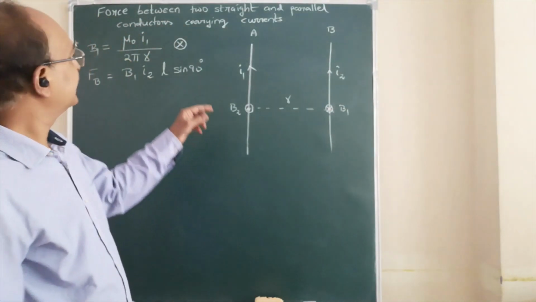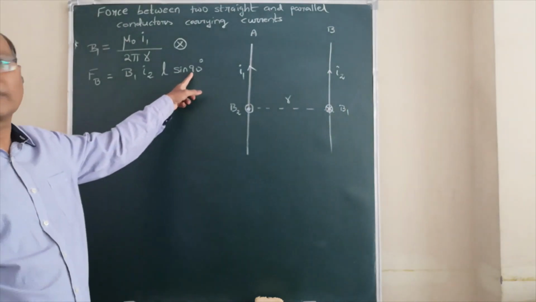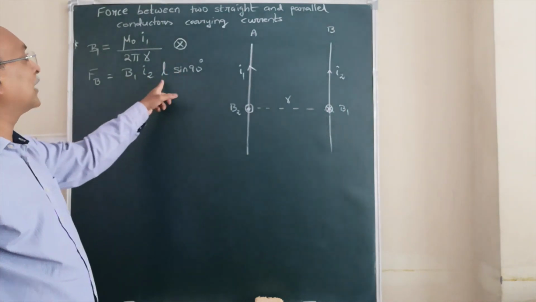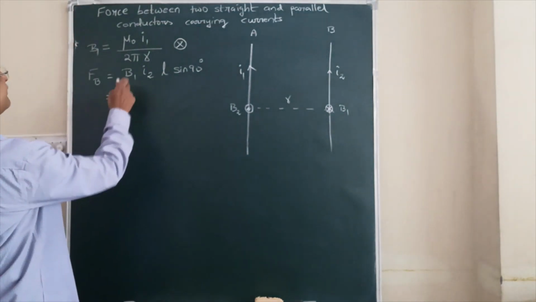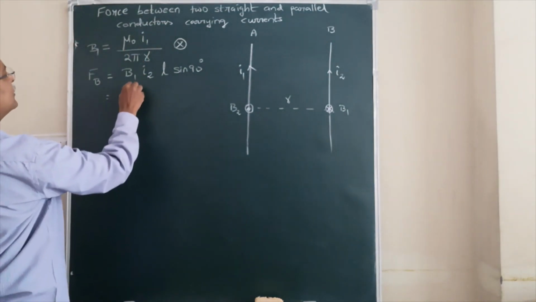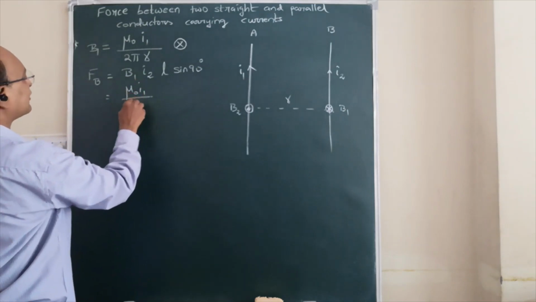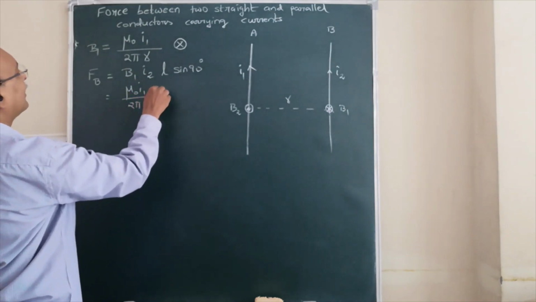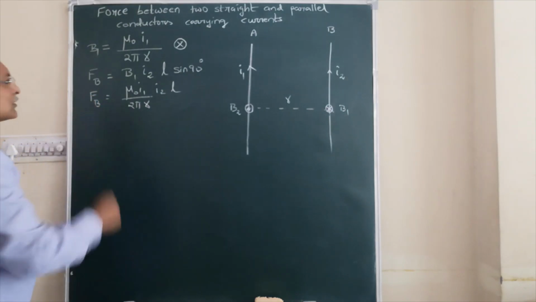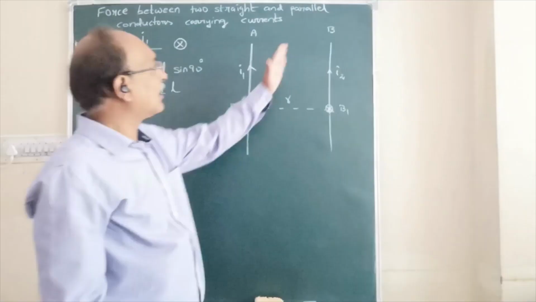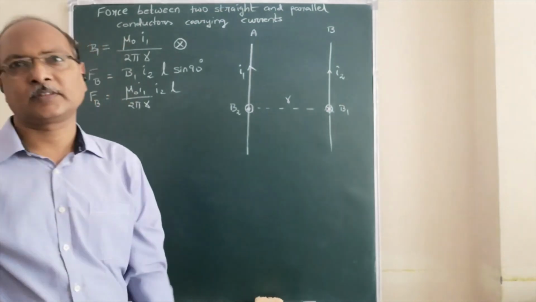So the angle will be 90 degrees. So we have B1 I2 L sin 90. So that will be, B1 is equal to mu naught I1 by 2 pi R, I2 into L. So that is the force acting on the conductor B.